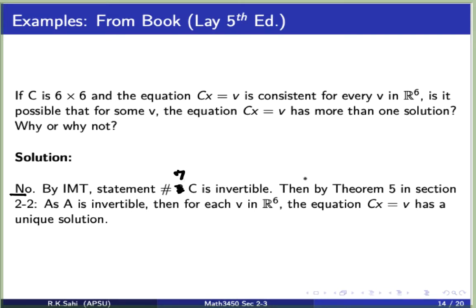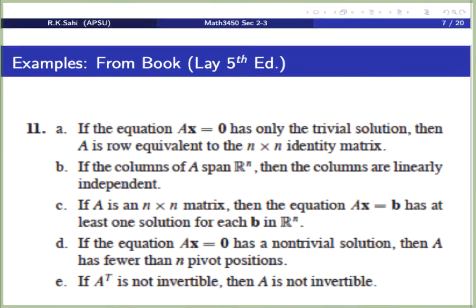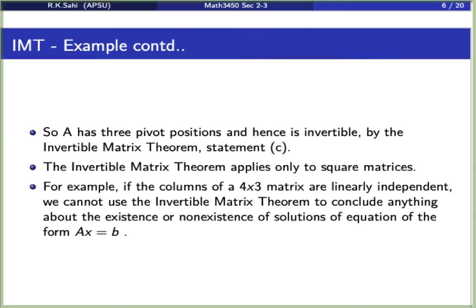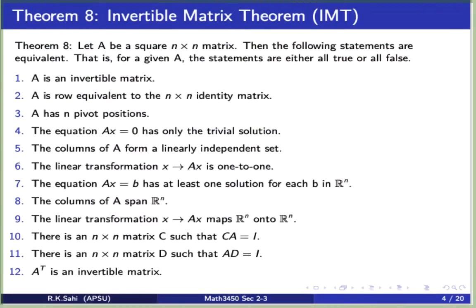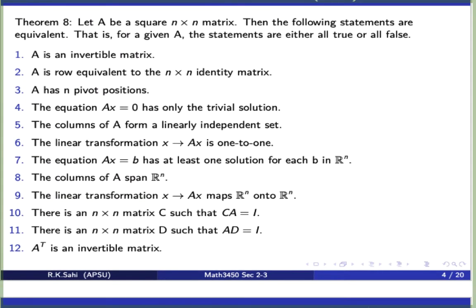Now what is 7? Let's go back over here. This problem says that for a matrix C, which is 6 by 6, if the equation is consistent for every v in R6, then this equation has at least one solution for each b.